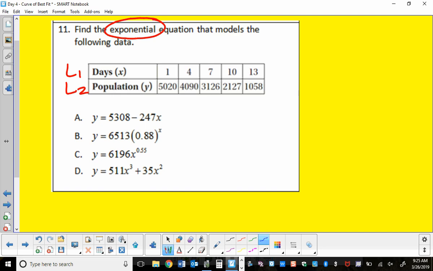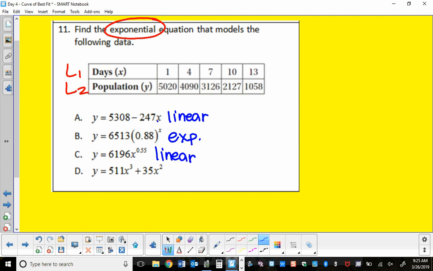What about letter A? I have x to the first power, so that would be what? This is linear. What about letter B? Exponential. What about C? It says 0.5. I think that's supposed to be linear, because if you round it, you still get 1.